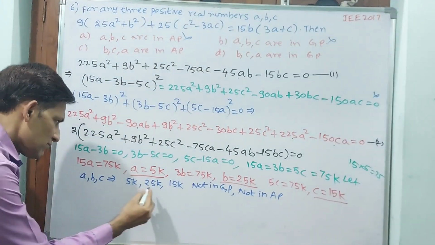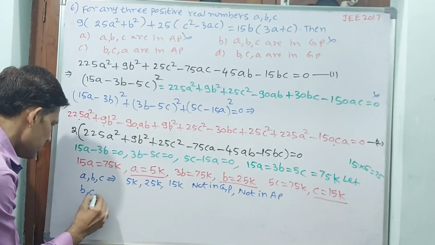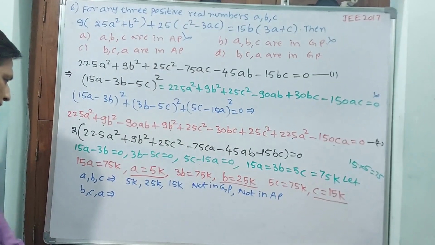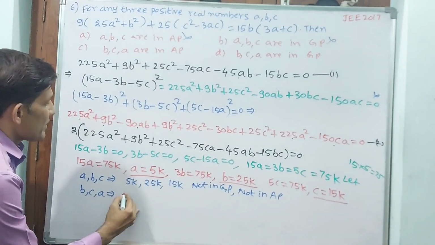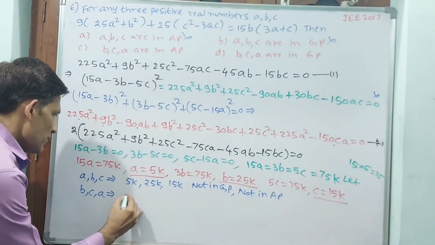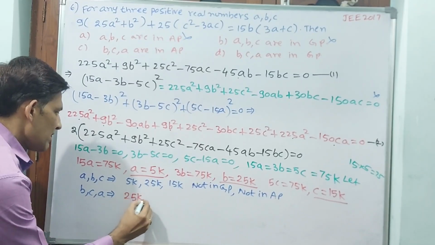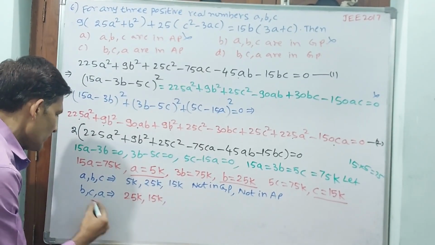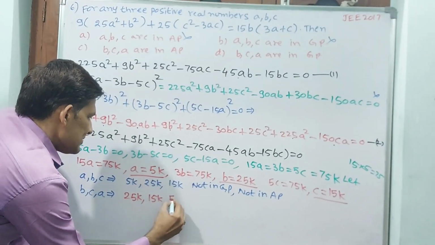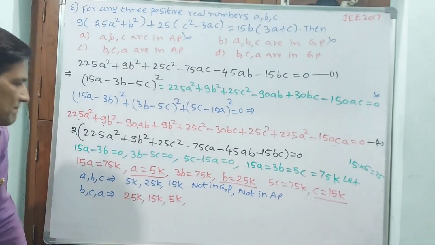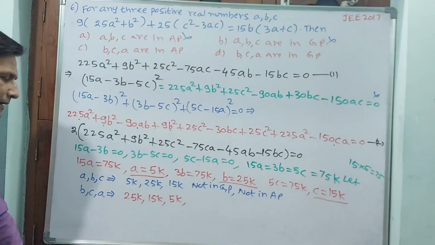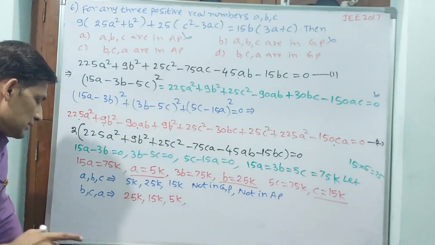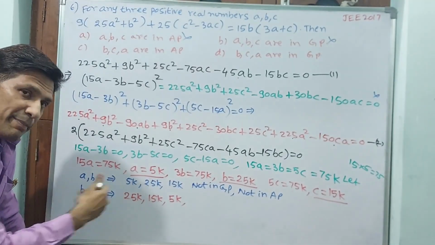BCA means what you have to write? BCA implies B means 25K, C means 15K, A means 5K. Now see, are these in AP?